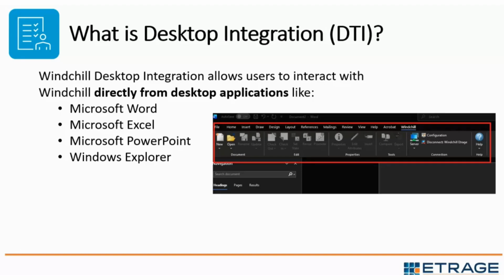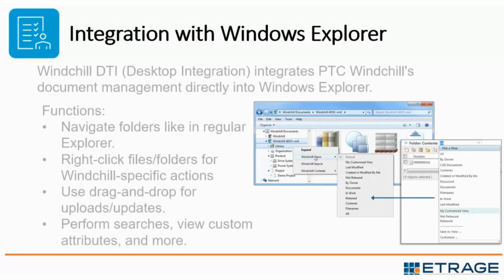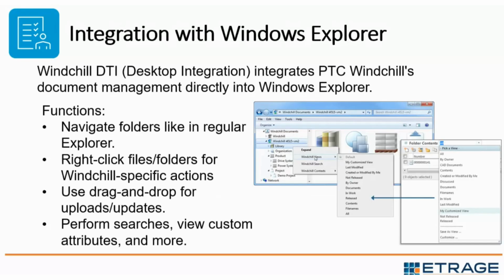And also managing this data in the Windows Explorer. So the way it works with the Windows Explorer is, as soon as the Windchill desktop integration is installed, it will create a special Windows document node under your Windows Explorer.